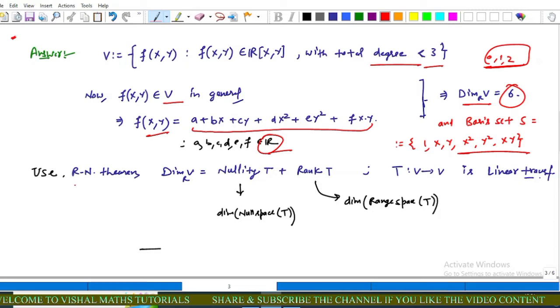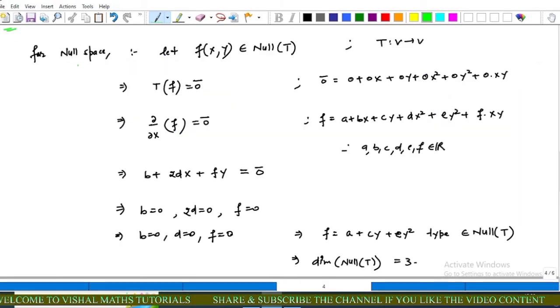Now for this question we use the rank-nullity theorem, that is dimension of V = nullity of T + rank of T, where nullity of T means dimension of the null space of T, and rank of T means dimension of the range space of T, where T is a linear transformation. For simplicity, we use the concept of the null space of a linear transformation.